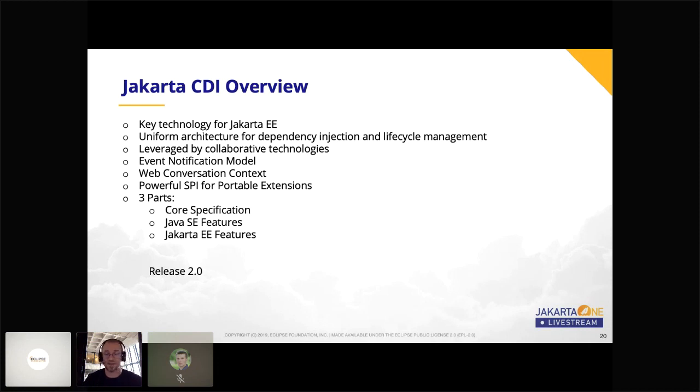It has an event notification model, a web conversion context, in addition to 3 standard web contexts defined by the Jakarta Servlet specification. It also does have an SPI allowing portable extensions to integrate cleanly with the container. Release 2.0 is part of Jakarta EE8.